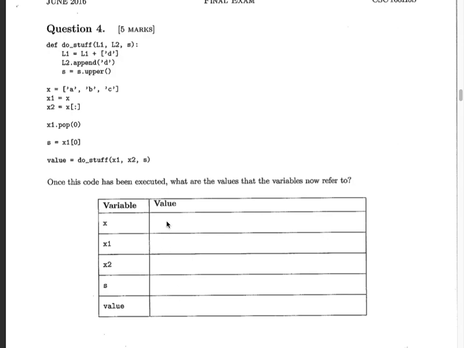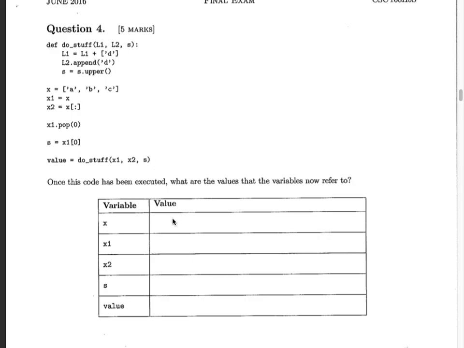So what will happen to X and X1 and X2? Oh, we popped A. Okay, sorry, yeah, it will be B. All right, let's figure out what X will be. So we have X, and we've popped the front, but we've also added D to the back.